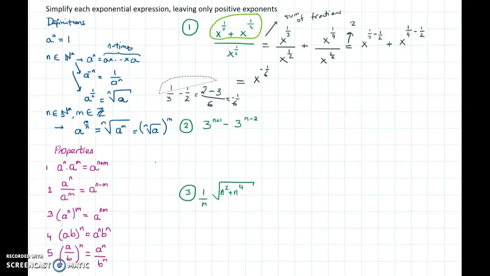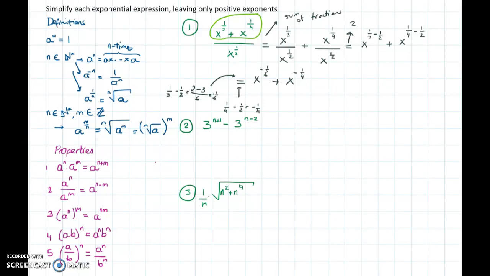Okay, that was the first fraction over here. Then we have a quarter minus a half. That's minus a quarter. So that's plus x to the power of minus 1 over 4.